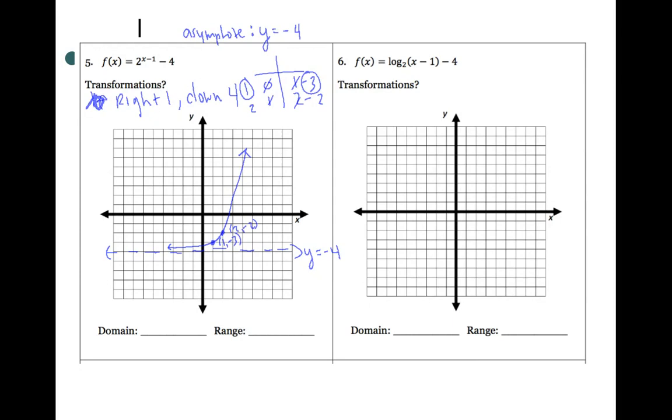So let's do both. Let's say I want to do the x-intercept. The x-intercept is where y equals 0. So it's the whole function equals 0. Whoa, that's a minus sign, so I'm going to add 4. Ooh, this is a nice one. 4 equals 2 to the power of x minus 1.